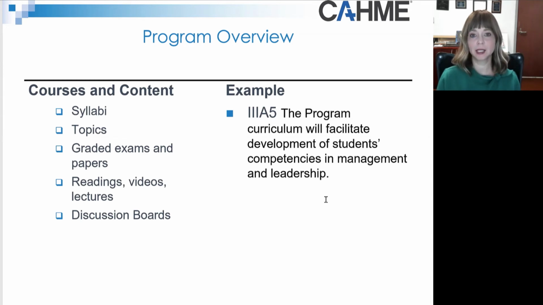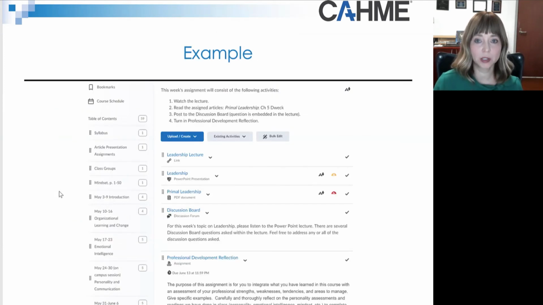For example, if the site visit team looks at the syllabi in the self-study document and doesn't really see or understand where the topic of leadership is covered, if they have access to the LMS system, it's really easy to go in and see the topics, because if they're not listed in the syllabi, if they're in the LMS system, they'll be able to see what topics you cover, and they'll be able to look at the assignments and discussion related to those topics.